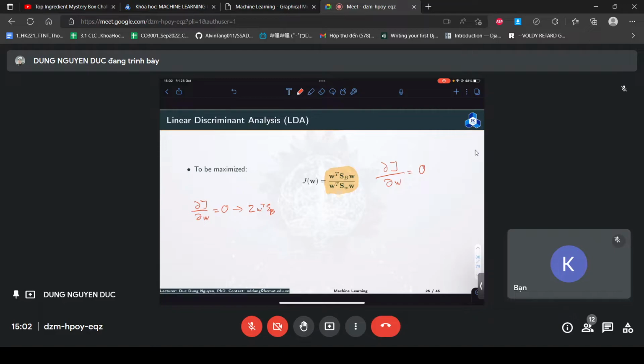You can also write S_B W, your choice, multiplied with W^T S_W W, and subtract 2 W^T S_W W multiplied with W^T S_B W. This is 0. I only need this.